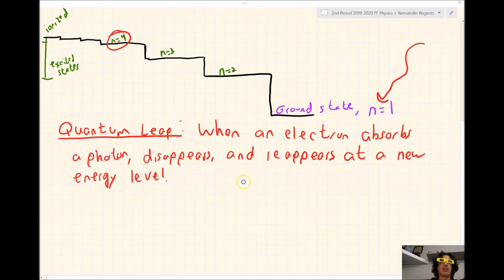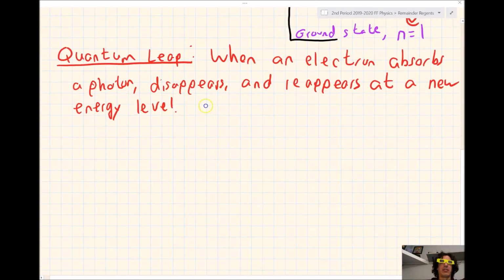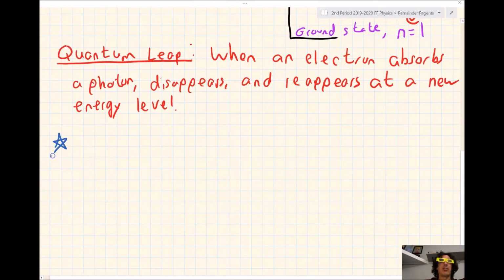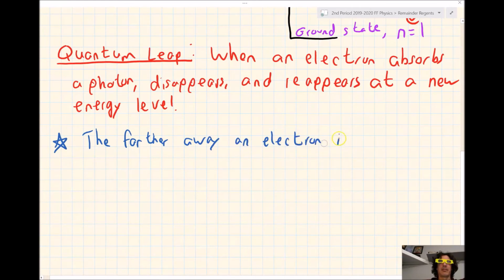Why don't we add a couple of things that we said earlier? So we can say the farther away an electron is from the nucleus, the more energy it has.